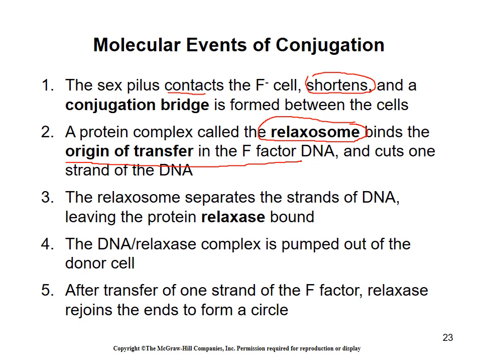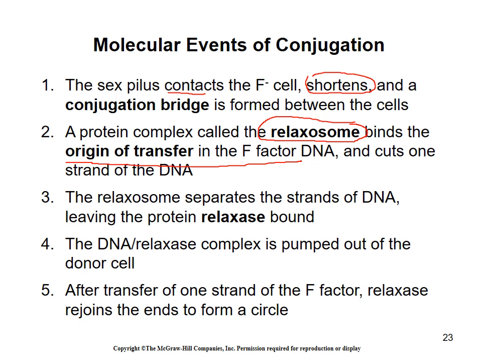So the relaxosome in the donor cell will cut off a piece of the F factor DNA. It will separate it into a single strand, and it will leave the protein relaxase bound, and the complex will then start being pumped out of the donor cell and transferred into the recipient cell.